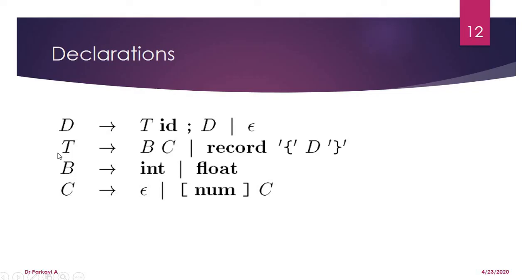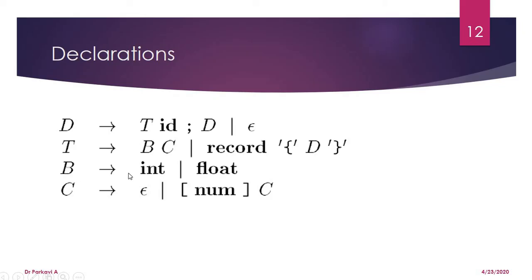The type declaration produces a basic data type B followed by a collection of elements. The data type declaration may be a basic data type declaration, or it may be a structured declaration. For a structured declaration, we use record followed by an open flower bracket. Then within that, field declarations will be there, and we end with a closed flower bracket.